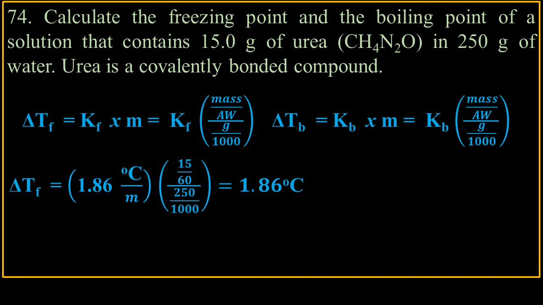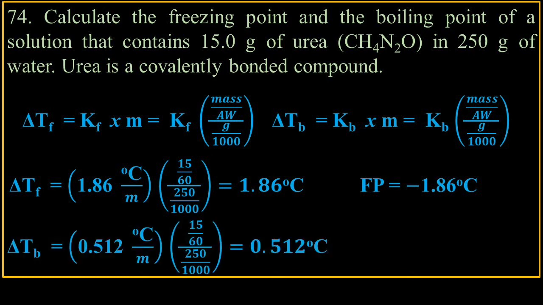I plugged in for the freezing point depression, that's 1.86, and then because 15 over 60 is 1/4 and 250 over 1,000 is 1/4, so the freezing point would be negative 1.86 degrees Celsius, and then the boiling point, the only real difference is going to be the 0.512 degrees Celsius per molal.